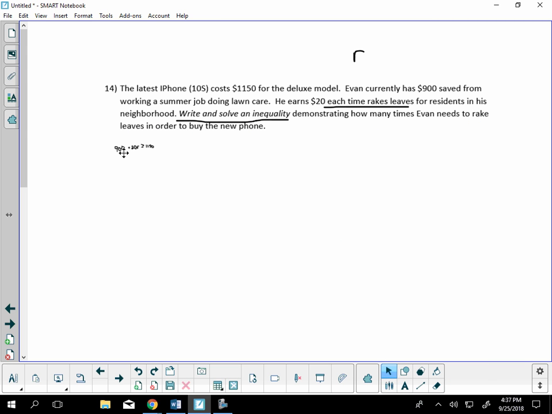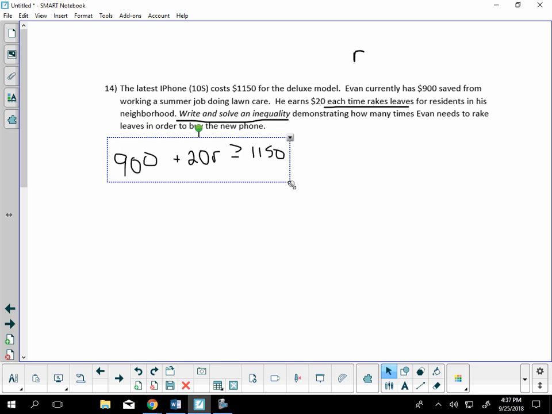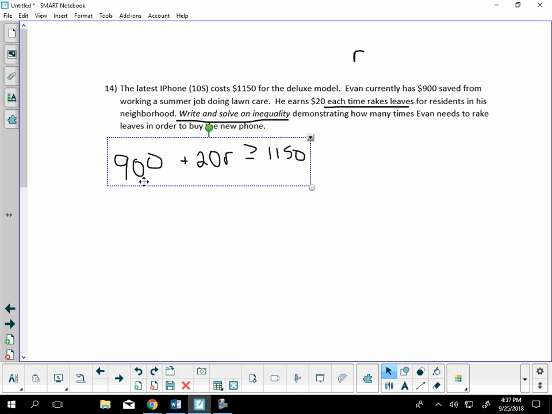Well, when I did this, he's starting with $900. So we have $900 to start with. And he's increasing it by $20 for each raking job. So $20 times R. He can make more money than $1,150. But he needs to make at least that amount.